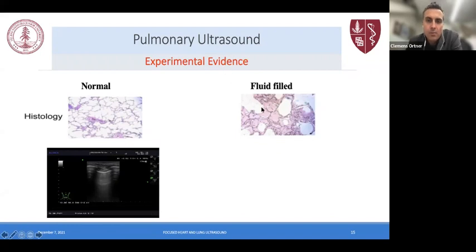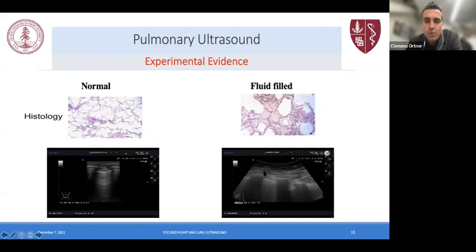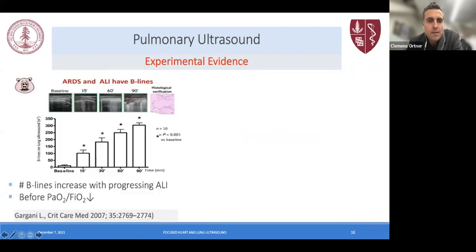If your lung now fills up with fluid, then suddenly you get these B lines. These are these comet tails, okay? And these B lines correlate very well with the amount of extravascular lung water. What is also interesting is an experimental study done in pigs, where they induced an acute lung injury.